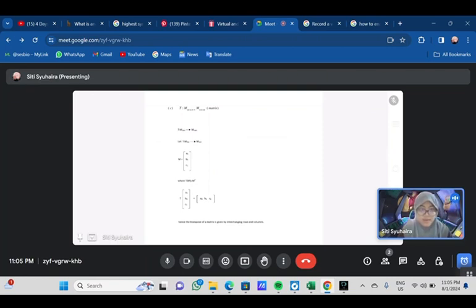So if you have a 3 by 1 matrix like the one that I present, transposing it will result in a 1 by 3 matrix. This operation changes the orientation of the matrix without altering its elements. Hence, the transpose of a matrix is given by interchanging rows and columns.